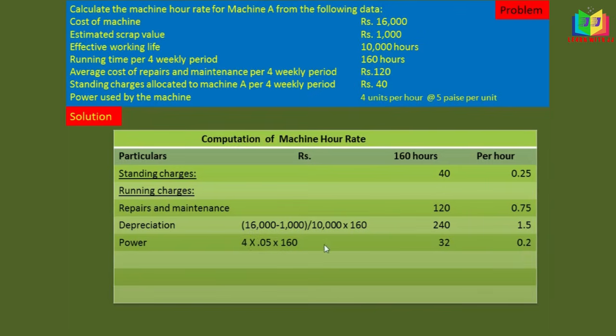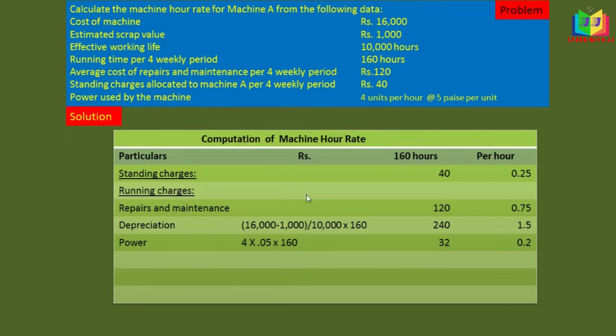If you multiply this by 160, you get it for 160 hours. We can do it this way, or we can straight away calculate the per hour rate. Both we can do here. That's all. We have written all the expenses, running charges as well as standing charges.